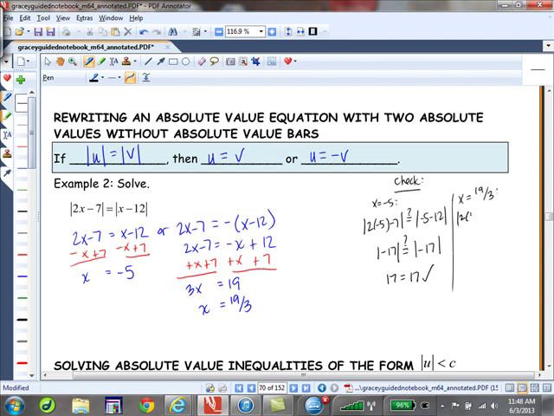So absolute 2 times 19/3 minus 7, is that equal to 19/3 minus 12 in the absolute value? So here we'll end up with, if we get a common denominator, 38/3 minus 21 all over 3. Is that equal to, again, common denominator, 19 minus 36 all over 3.